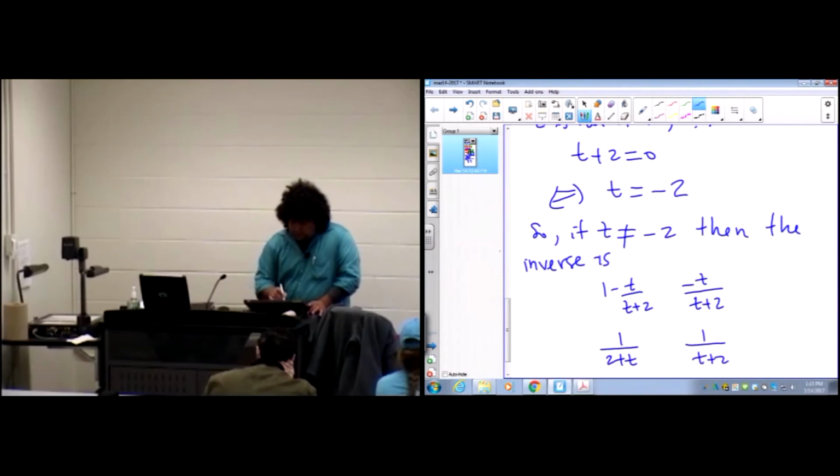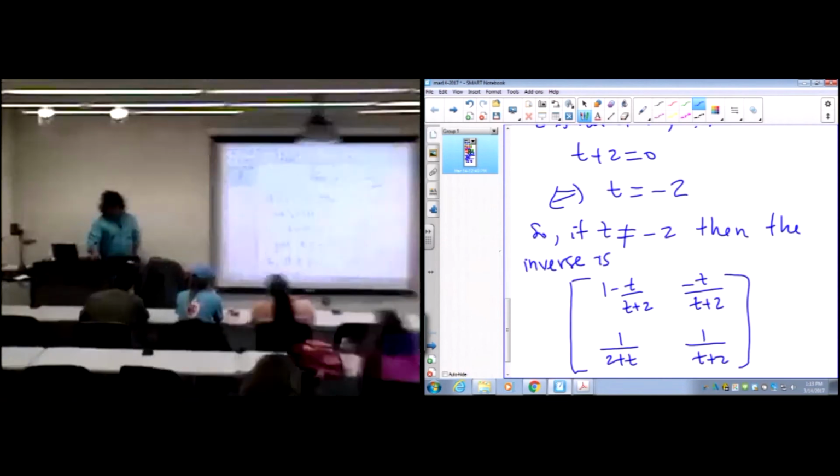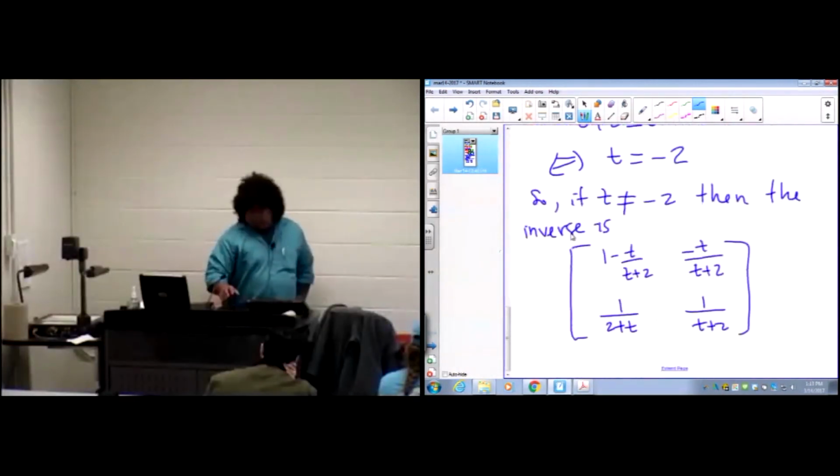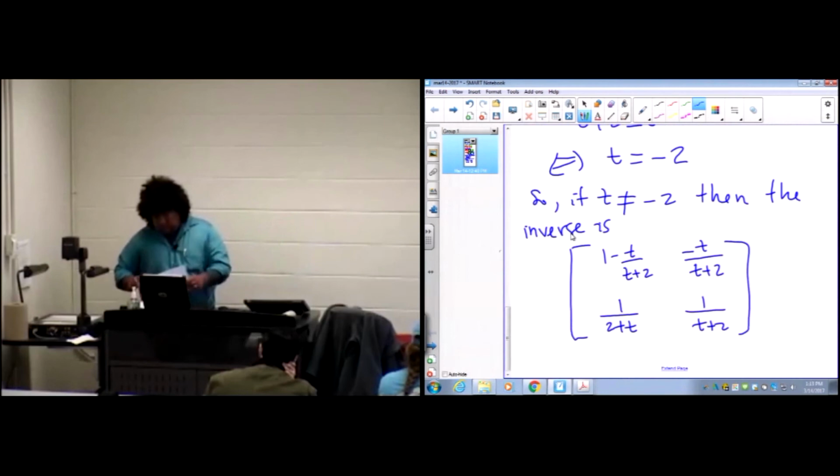Now, I said there is another way of going about this. The other way is that we could compute the determinant of this matrix and then rule out the values at which it fails. So let's do it some other way.